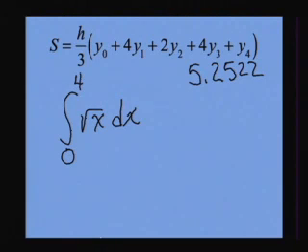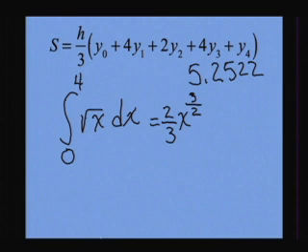And that, remember, we looked earlier at the square root of x, and we found, of course, that it was x to the 1/2, which gives me my 3/2 here, puts my 2/3 out there. And we need to evaluate that from 0 to 4, which we actually did earlier.